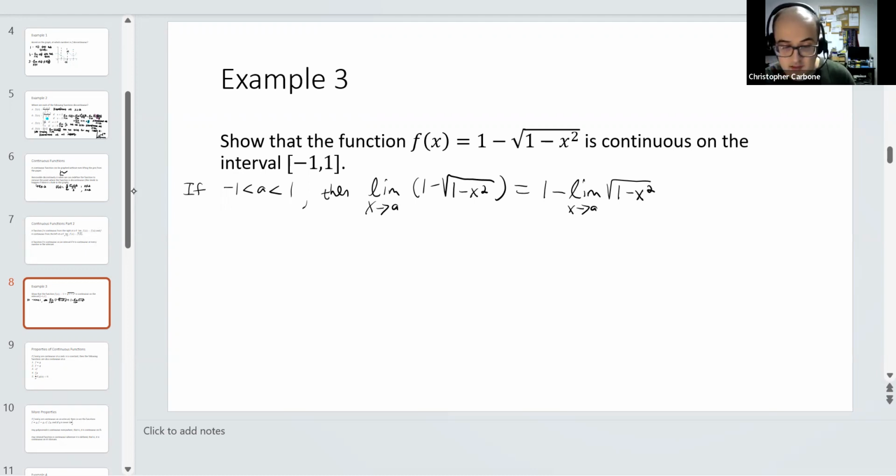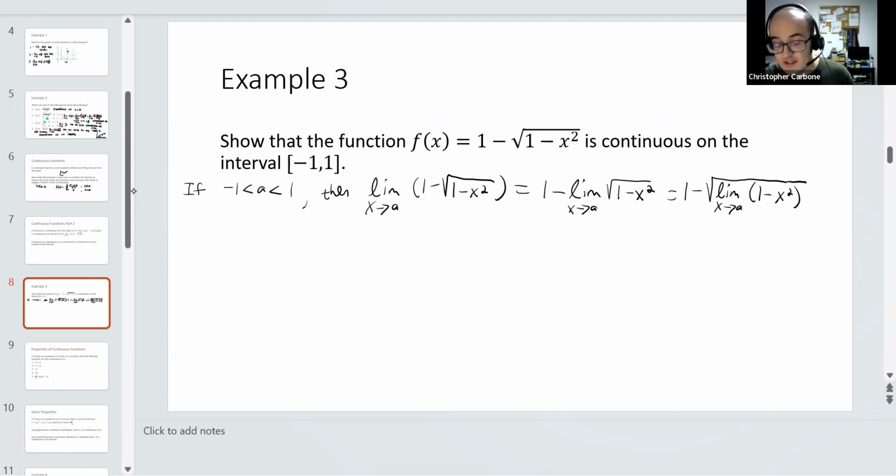This, again, from those limit rules, we could write as 1 minus the square root of the limit as x approaches a of 1 minus x squared.